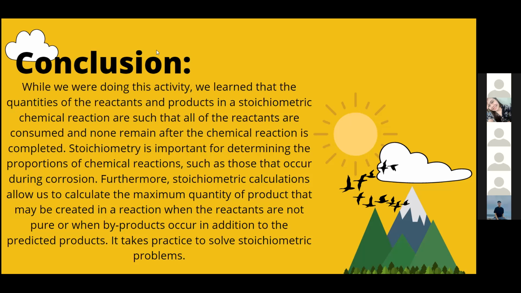Stoichiometry is important for determining the proportion of the chemical reactions, such as those that occur during corrosion. Furthermore, stoichiometric calculations allow us to calculate the maximum quantity of product that may be created in a reaction when the reactants are not pure or when byproducts occur in addition to the predicted products. It takes practice to solve stoichiometric problems.